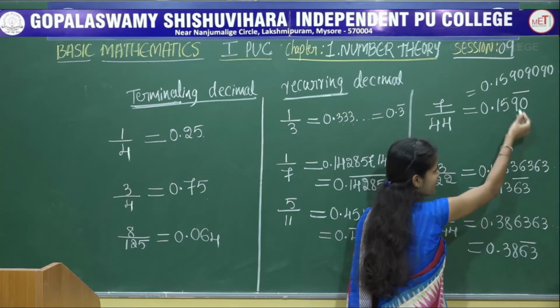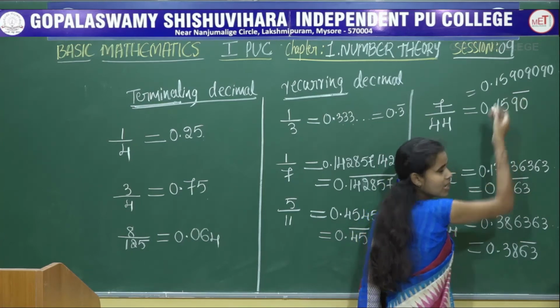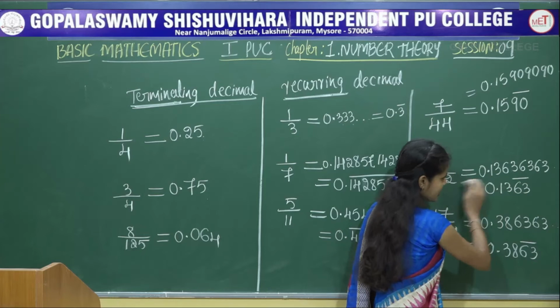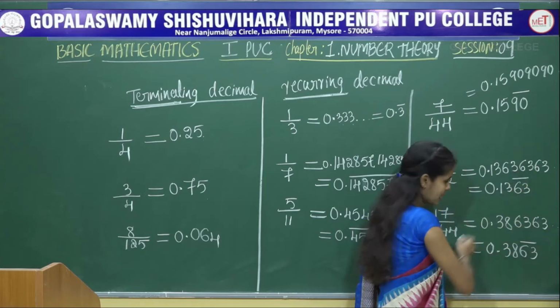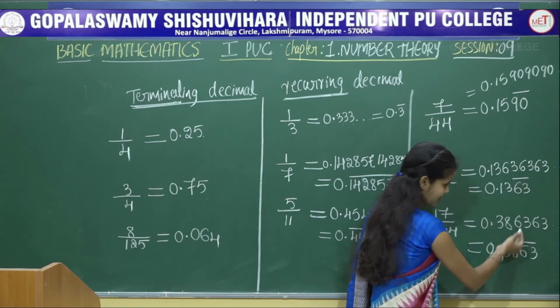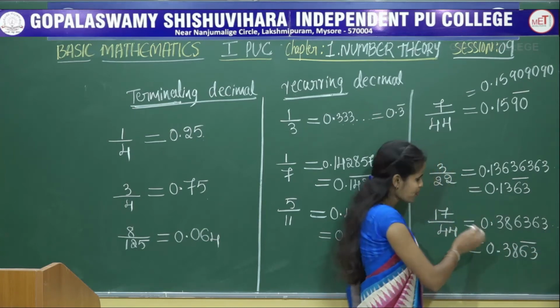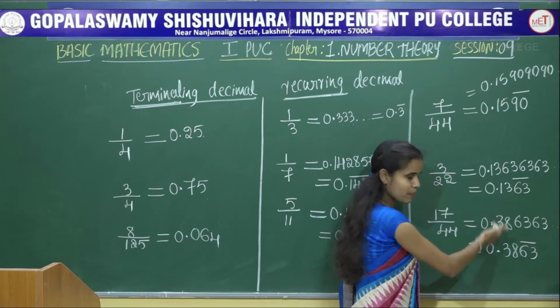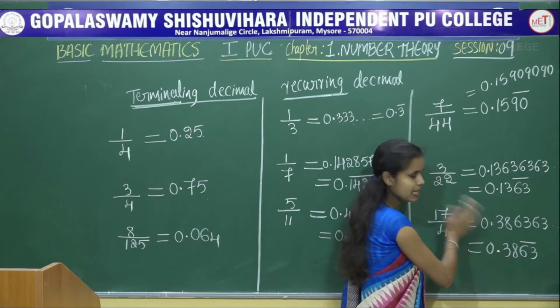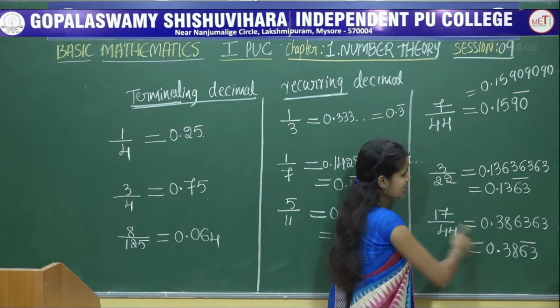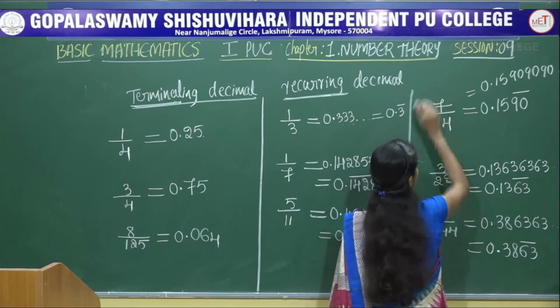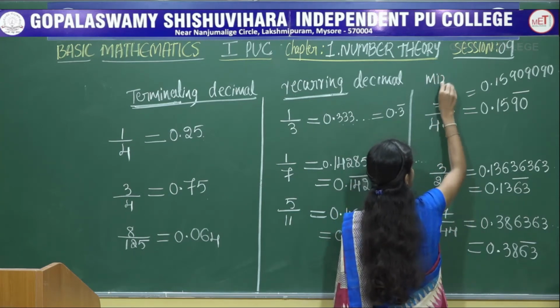So some digits are not repeated and some digits are repeated. Here 1 3 is not repeated, but 6 3 is repeated. Here 3 8 is not repeated, 6 3 is repeated. Means after the decimal point some digits are repeated, some are not. So this type of decimal expansion is called mixed recurring decimal expansion.